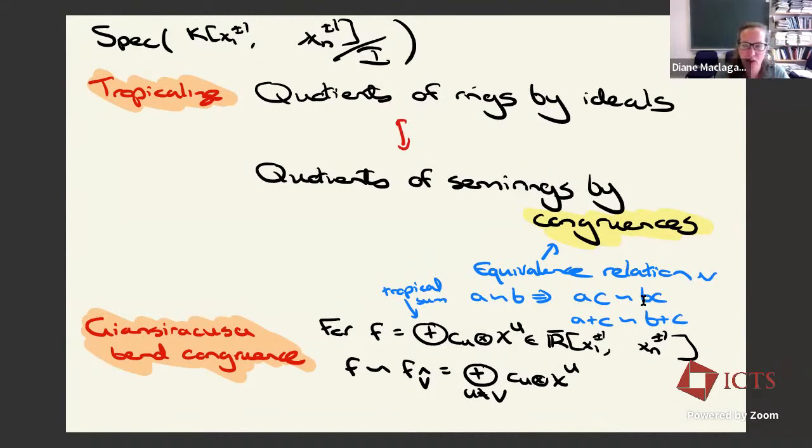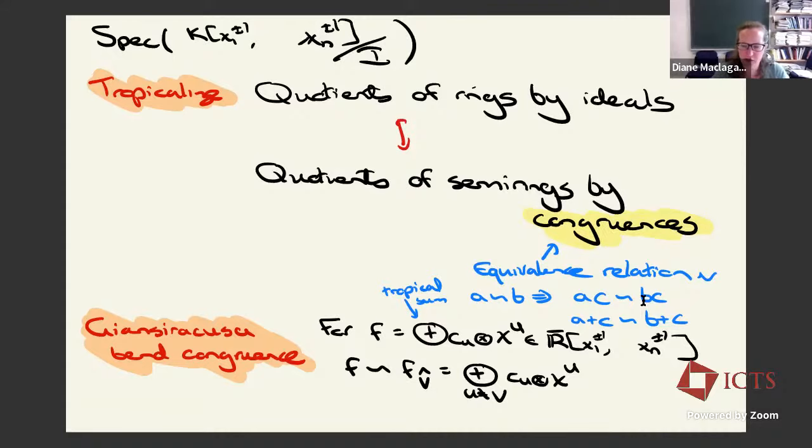So we take the quotient by congruences. So congruences are something that have been maybe well understood by people who think about semi-rings for a while. The new ingredient about maybe 5-ish years ago from Jeff and Noah Giansiracusa was to choose the correct congruence that makes sense in tropical geometry. And that's what I want to tell you about next.